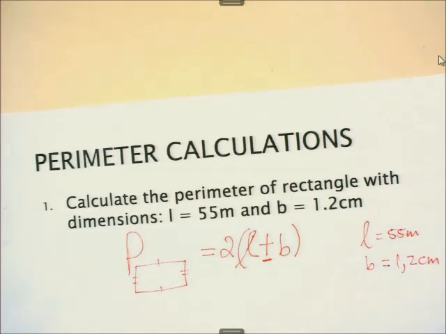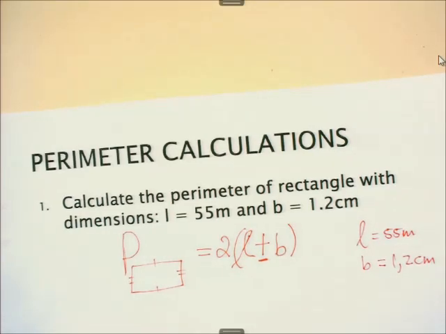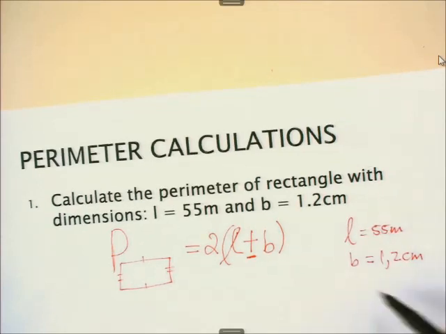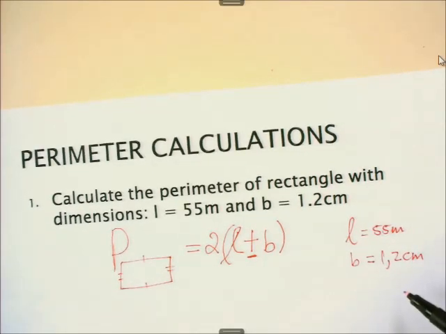Now, there is a problem. If we have values that have different units, we need to convert one of these units, either a centimeter to a meter or a meter to a centimeter, before we can substitute into our formula.